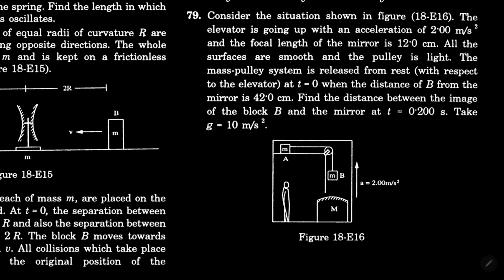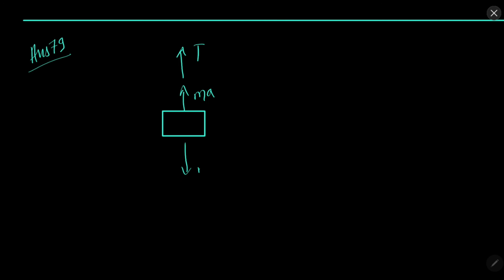In question 79 we need to consider this following situation. Find the distance between image of the block and take g equal to 10. Solution 79. Free body diagram. Ma, T, mg, m2.